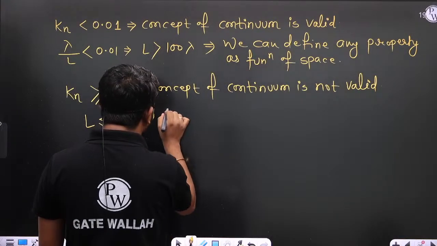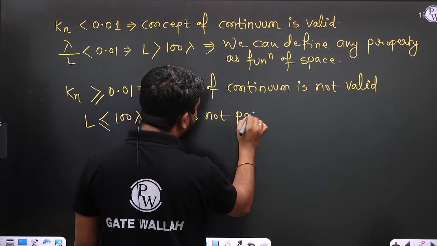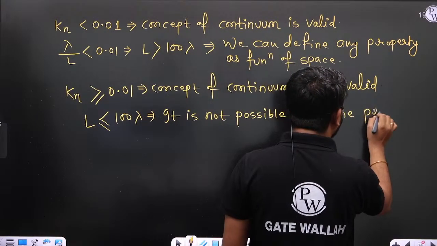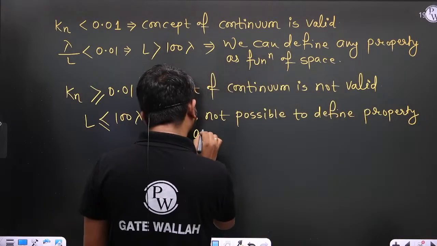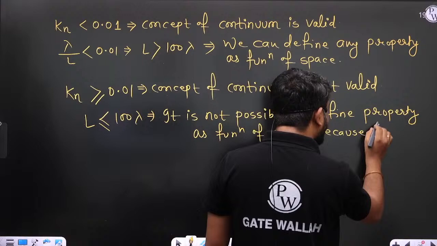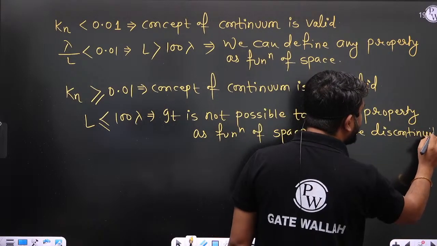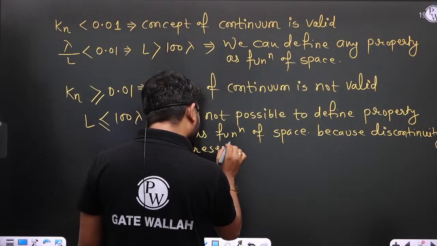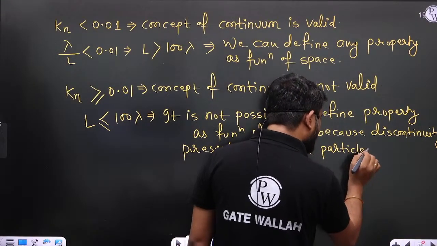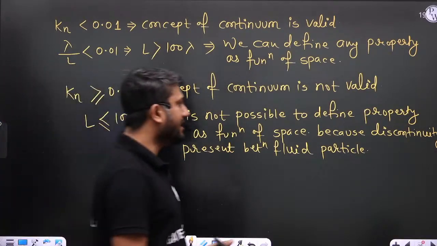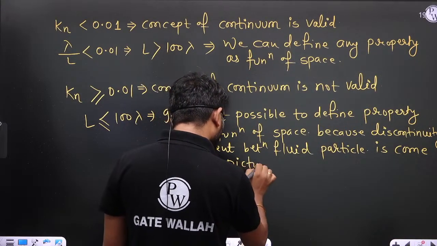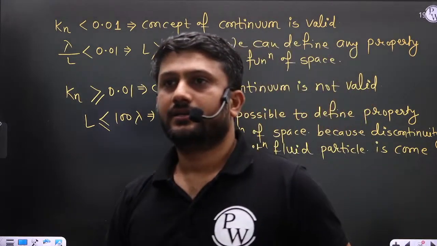So in this case, it is not possible to define a property as a function of space, because discontinuity between fluid particles, or gaps between the fluid particles, come into the picture. Is it fine?